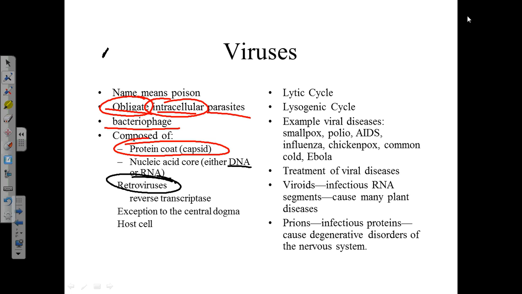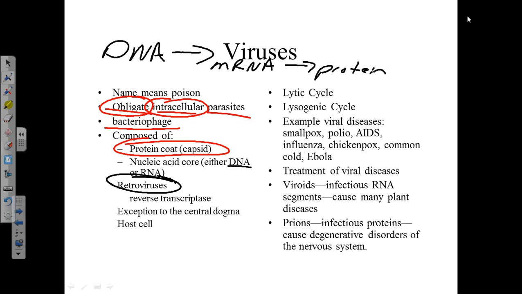Because remember, normally the central dogma is DNA to what? Well, a transcription that makes mRNA. And then the mRNA goes through translation to make proteins. And the proteins determine the traits. But these viruses don't have DNA. So their extra step is they have to take their RNA and inject it into the host, along with some enzymes.